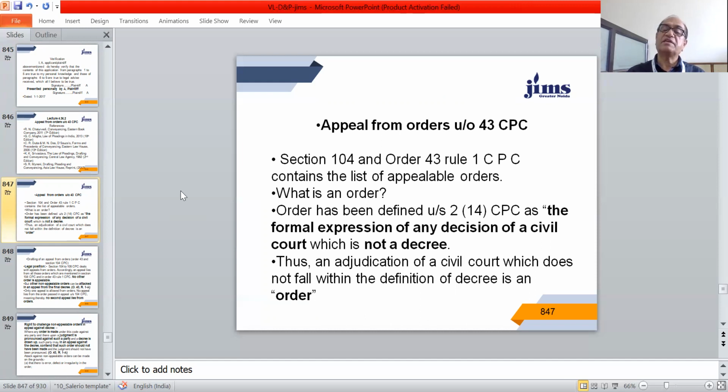Order is also a formal expression of any decision of a civil court, but that is not decree. Thus, an adjudication of a civil court which does not fall within the definition of decree is an order.